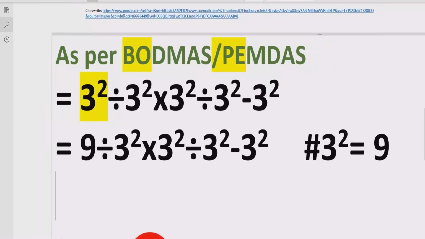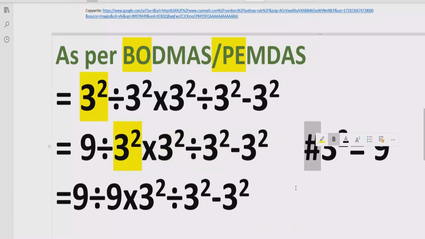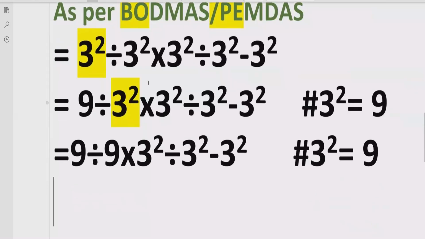We again have an exponent part, so we write 9 divided by 3 raised to power 2, which is 3 multiplied by 3 equals 9. Again we write the other part as it is, and give the reference 3 raised to power 2 equals 9.